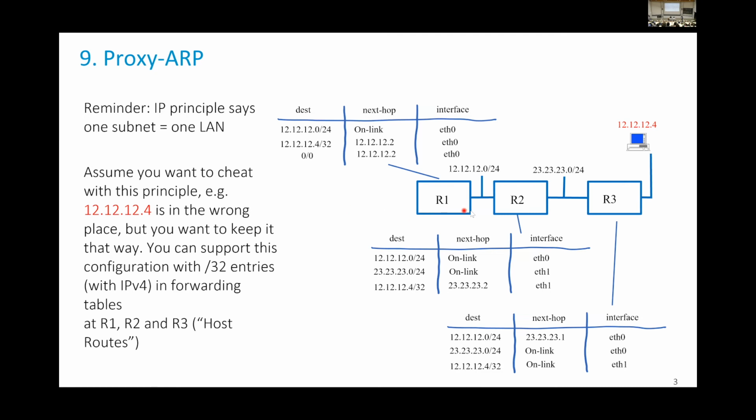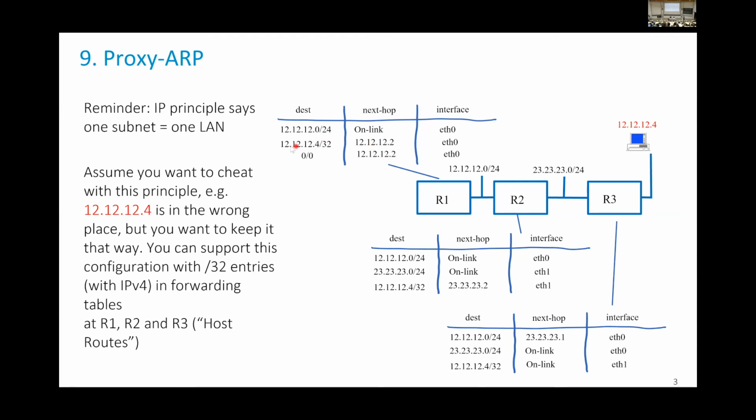So there is an easy thing you can do, which is to do what is called host routes, which means you can manipulate the routing of R1 here to say that this prefix here, so it's a destination that is full length of an IP address, 32 bits. You put a routing entry for this.